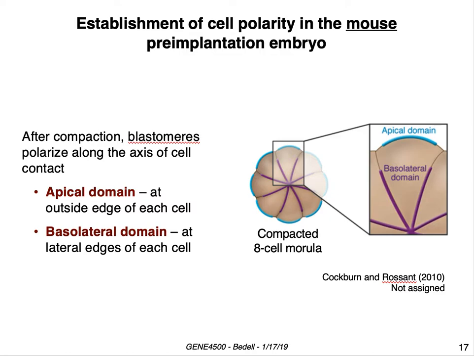I don't know the details, but it's pretty clear that somehow the cell is sensing either the size and or the number of cells, because it wouldn't compact if it was only at the 4 cell stage. And I don't know if there has to be a certain number of cells at the ICM stage or a certain number of trophectoderm cells.